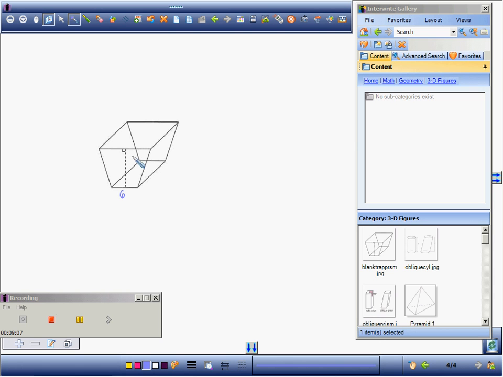Where's 8? No, not 8. This is 10 going across here. And this height in this case is going to be 12, or it's the height of the prism, because these are the parallel bases, this base and this base back here.